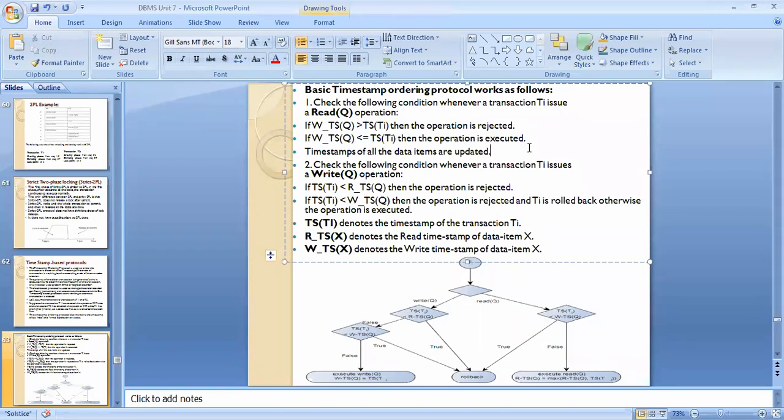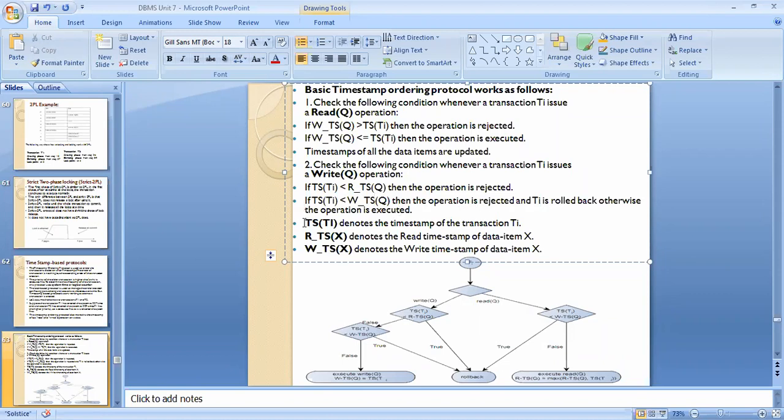And check the condition for transaction TI's write Q operation. If the timestamp of TI is less than the write timestamp of Q, then the operation is rejected and TI is rolled back, otherwise the operation is executed.